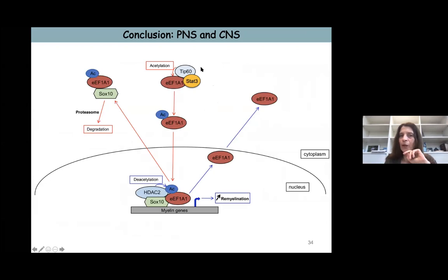We have even shown that TIP60 is involved, and that we can promote remyelination by theophylline by increasing the levels of HDAC1/2, or of HDAC2, sorry, which then promotes the relocalization of HIF1A in the cytoplasm and maintains SOX10 on its target genes.